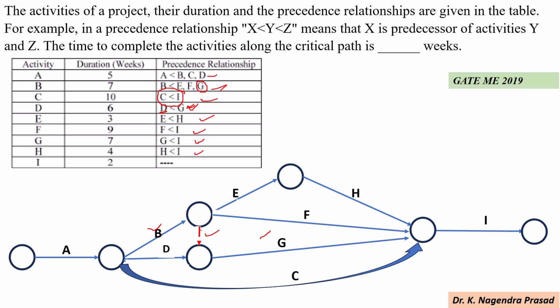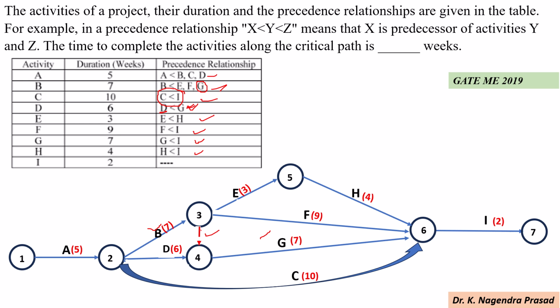Next we give the numbering of the events by the Fulkerson rule and indicate the time durations of activities at the respective activity positions. Next we determine the earliest time by the forward pass method.